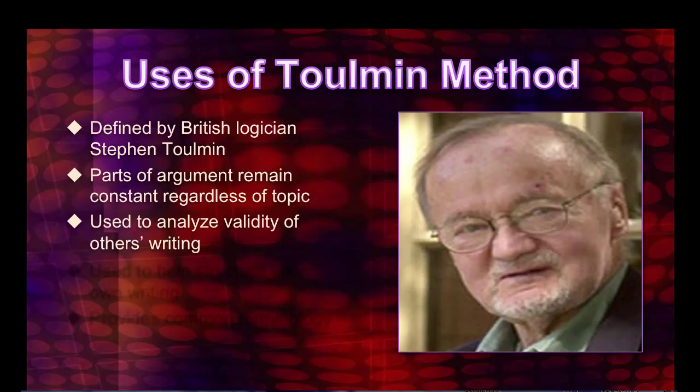The Toulmin method is very useful, and there are several things that we can use it for. One is to use it as a method of analyzing other people's writing. You've already looked at a video on how to annotate.